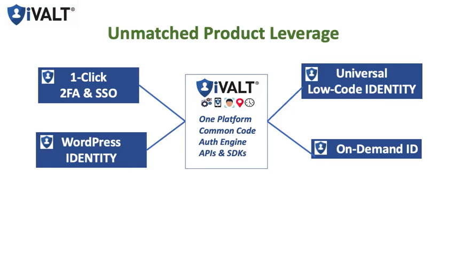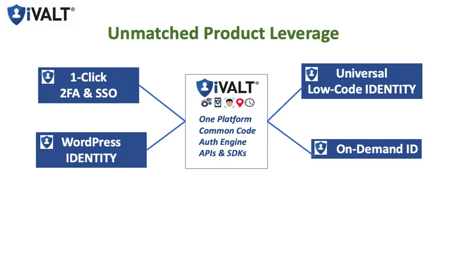iVault, therefore, provides unmatched product leverage. We have one platform, a common code base, an authentication engine, and APIs and SDKs. We've been able to create 4 products that cover a lot of use cases.